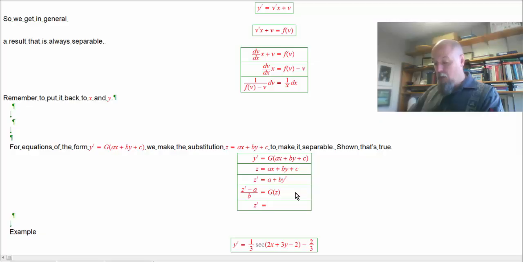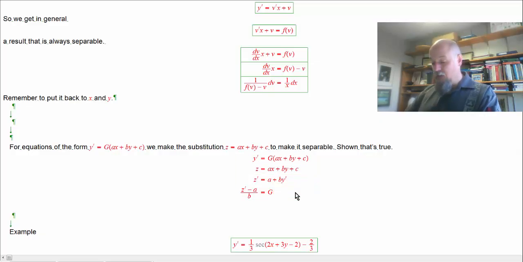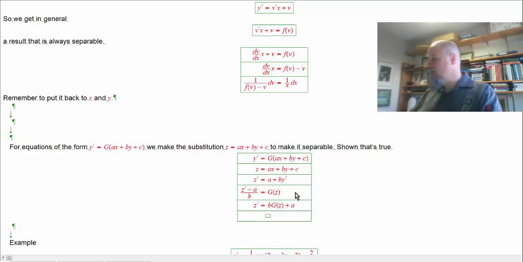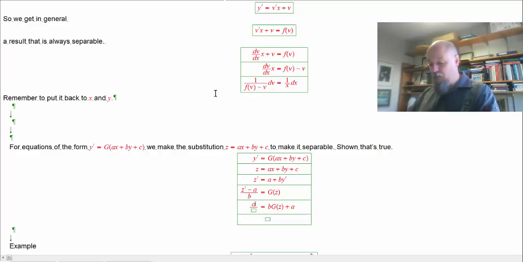This should be a separable differential equation, and I guess it is, because I get z prime is equal to b g of z plus a. Since I know it's going to be separable, I'll write z prime as dz dx.